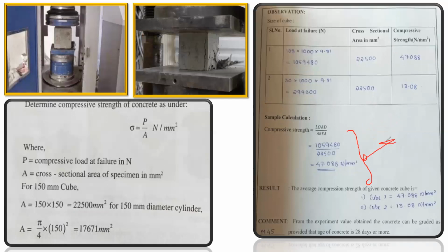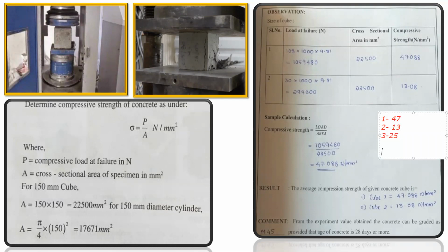So to put it in a better way, we'll quickly do that. Let us say in the first sample you got a strength of 47 Newton per mm square. In the second sample, it has got 13 Newton per mm square. And the third sample, you are getting some 25 Newton per mm square. Now try to take the average of this.